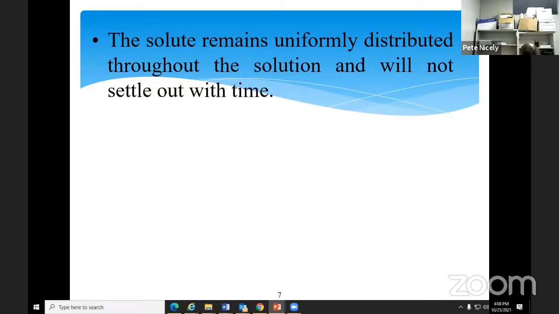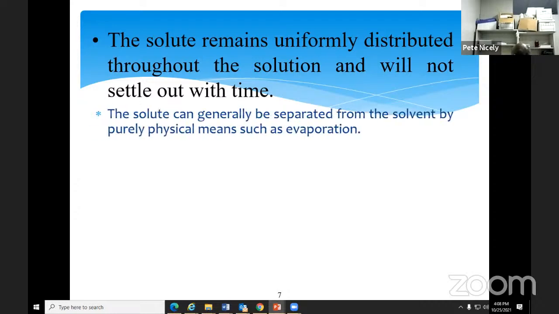In fact, you'll be waiting forever, because the salt will not come back out of solution and settle to the bottom, all right? So the salt will remain in solution. As long as the water is not evaporating, the salt will remain in solution pretty much forever, unless you do something to get rid of the water. That's true for every true solution, all right?